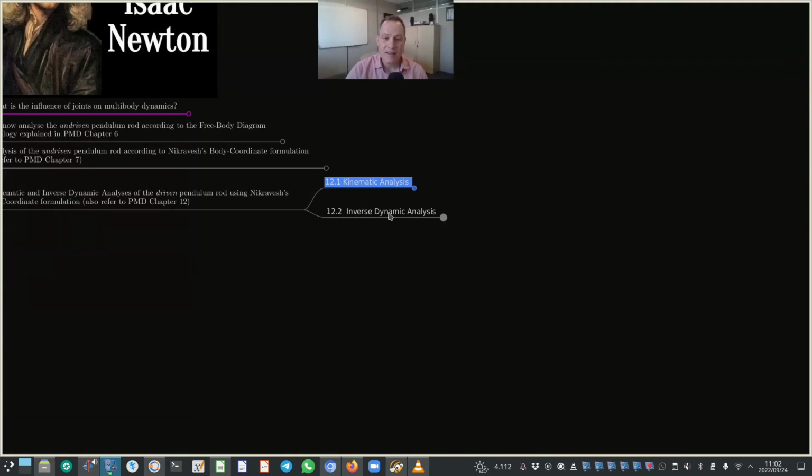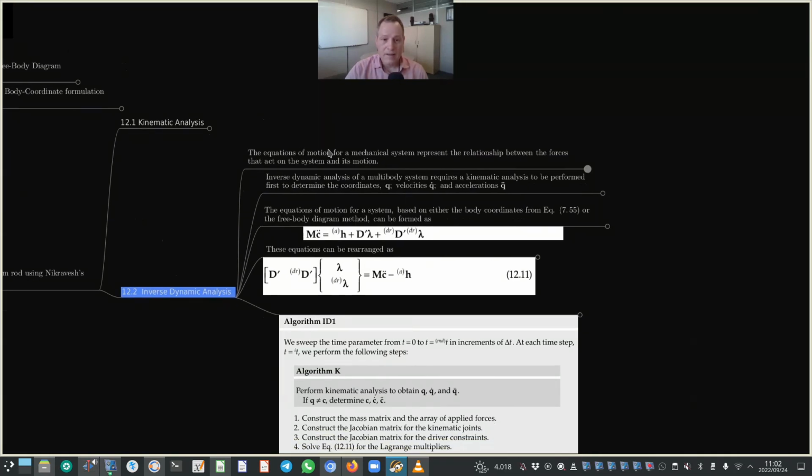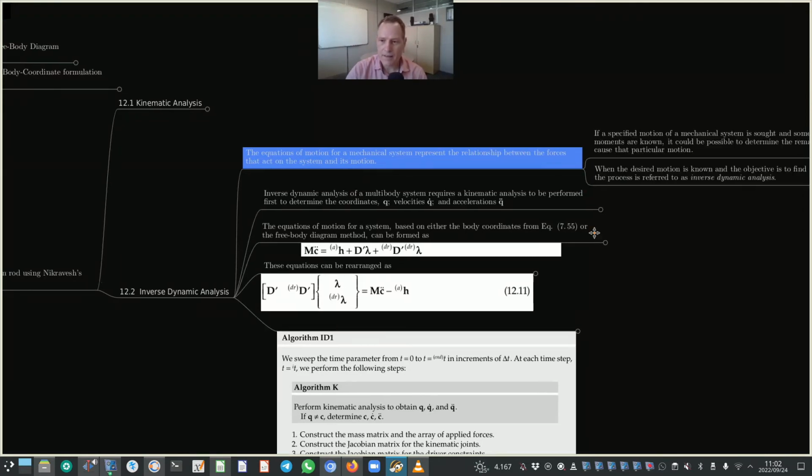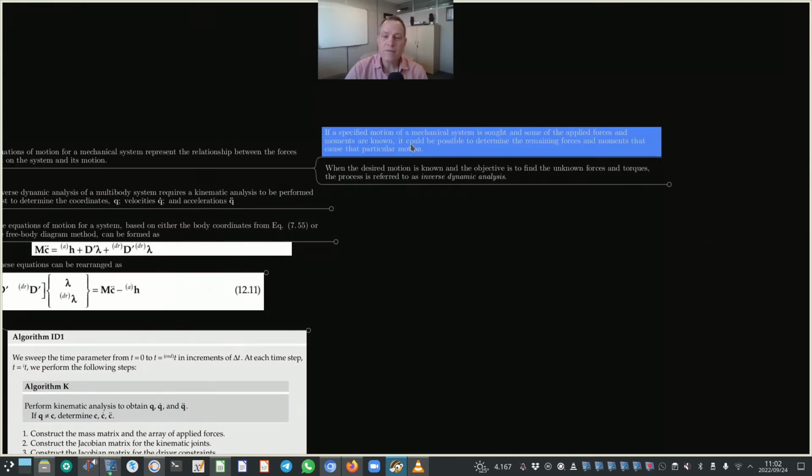Okay, so let's now look at the inverse dynamic analysis, as explained in subsection 12.2 in Newton-Raphson's planar multibody dynamics. The equations of motion for a mechanical system represent the relationship between the forces that act on the system and its motion. If a specified motion of a mechanical system is sought and some of the applied forces and moments are known, it could be possible to determine the remaining forces and moments that cause that particular motion.